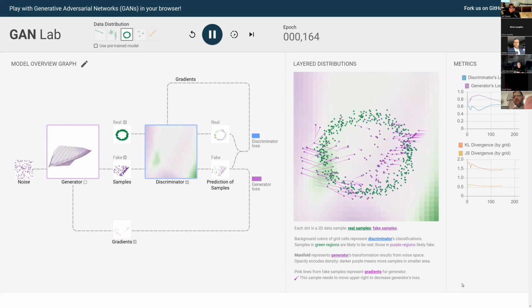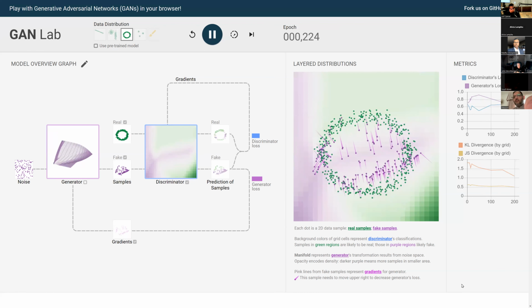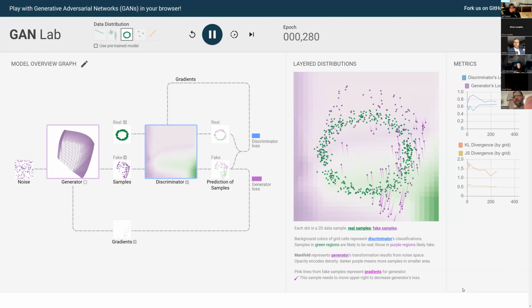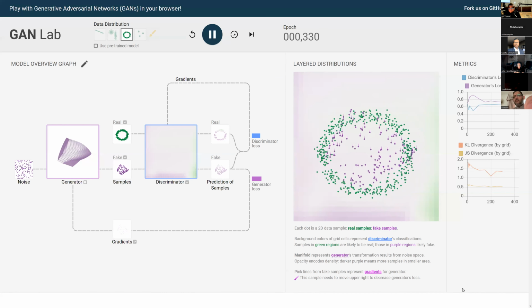And you see how they go about trying to fool each other. But at the end of it, observe, and I'll just put the generator thing also here. This purple is what the generator believes it is producing.